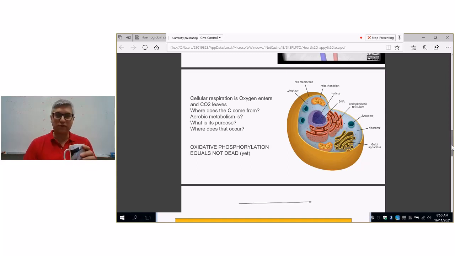Where does that energy come from? Glucose. Where does the glucose come from? Sugar is glucose. And where does the sugar and glucose come from? What makes glucose? From fruit. What makes fruit? Plants. So where do the plants get the energy from? The sun. This is it.